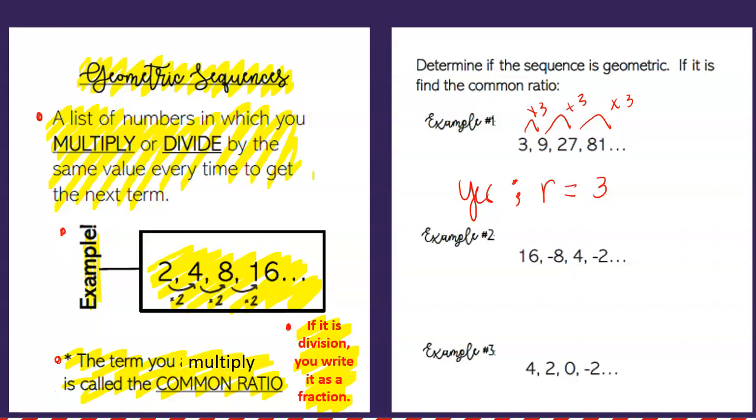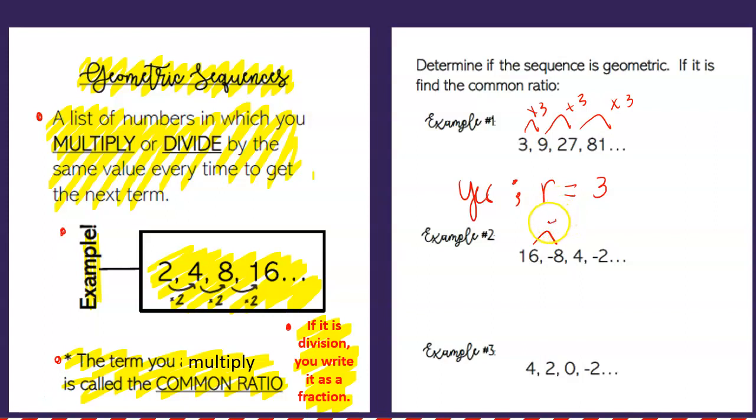Now let's look at example 2. We have 16, negative 8, 4, negative 2. So again, think about multiplication and division. Normally, multiplication makes something larger, division makes something smaller. So I am getting smaller. So what could I divide 16 by to get to negative 8? Well, if we just think in terms of numbers and don't think about positives or negatives, 16 divided by what would give me 8?